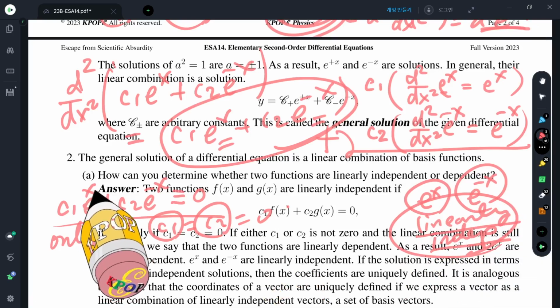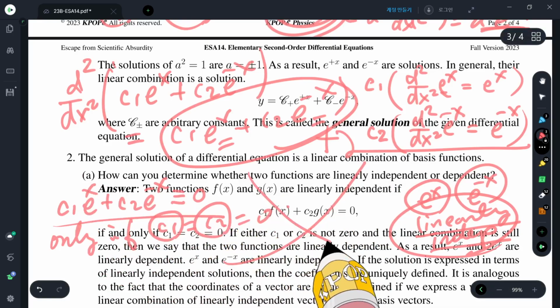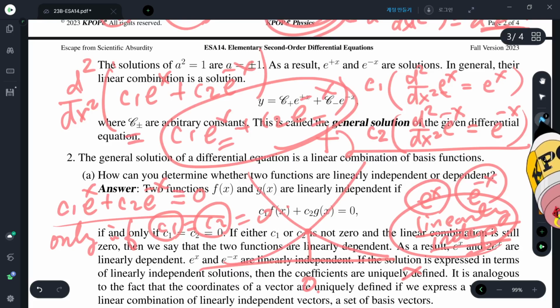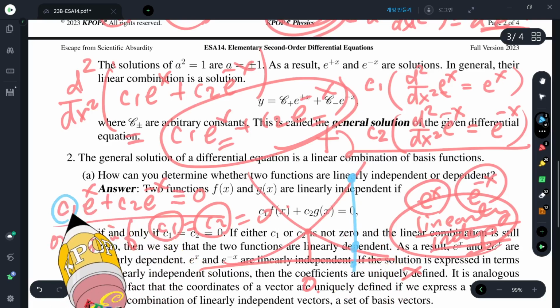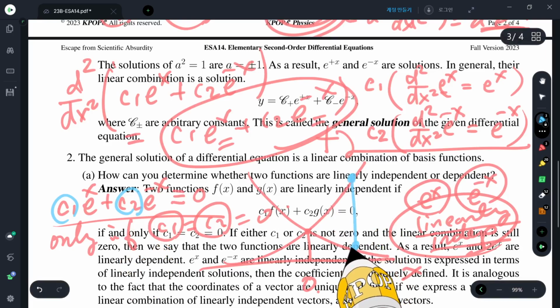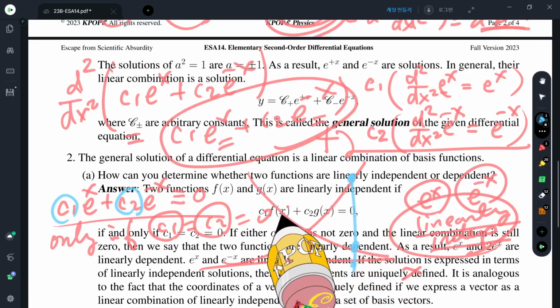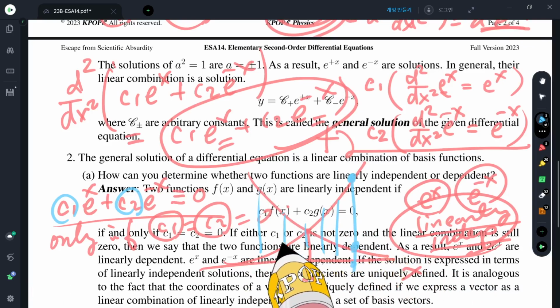We find, for example, that e to the x is increasing and e to the minus x is decreasing, and they meet at x equals 0. So at some point, you can choose these two numbers appropriately to cancel the two values, but it is impossible to cancel them everywhere. Therefore, these are linearly independent.